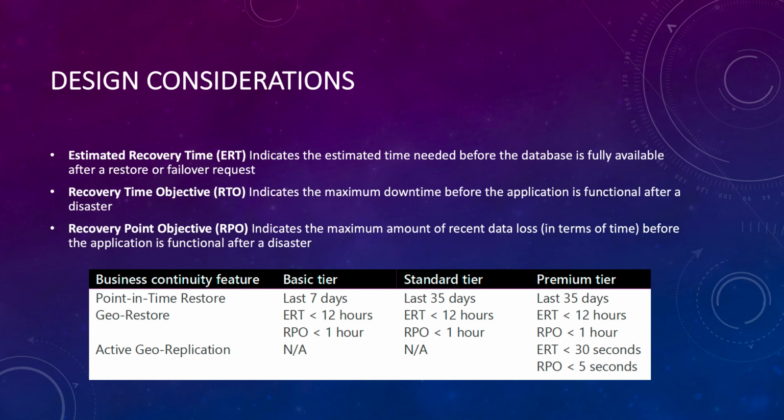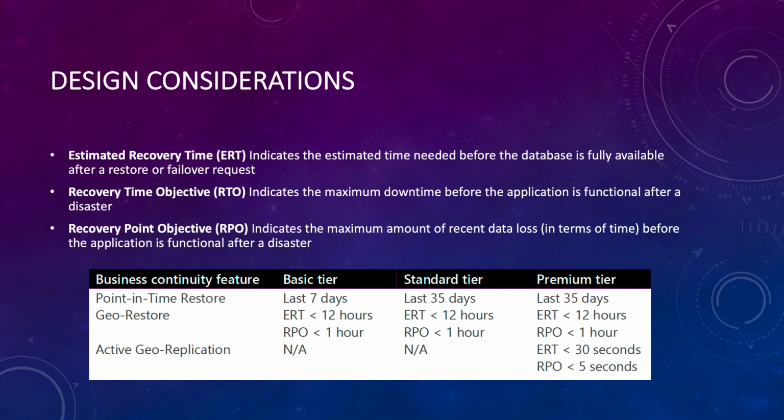Recovery time objective or RTO indicates the maximum downtime before the application is functional after a disaster. And then recovery point objective or RPO indicates the maximum amount of recent data loss in terms of time before the application is functional after a disaster.